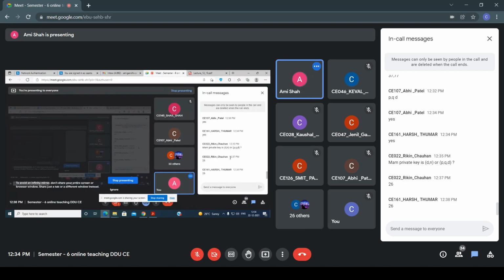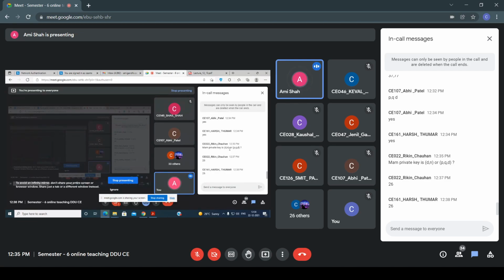Rikin, in my material I have written d, n, but actually n is part of the public key (e, n). Basically, n is the combination of p and q.